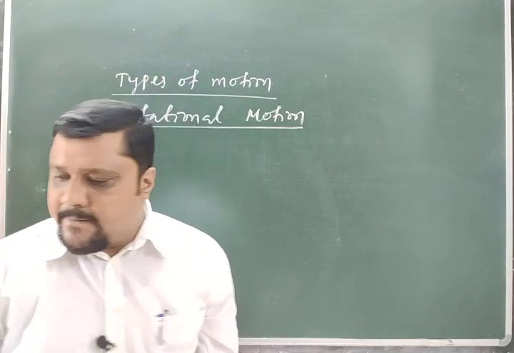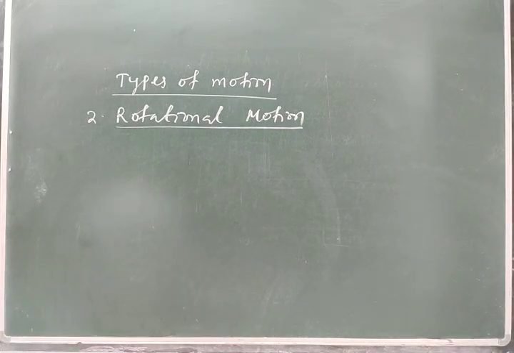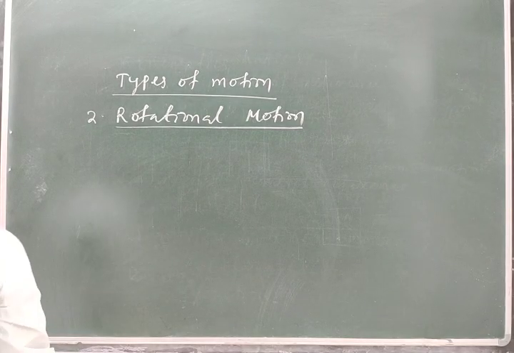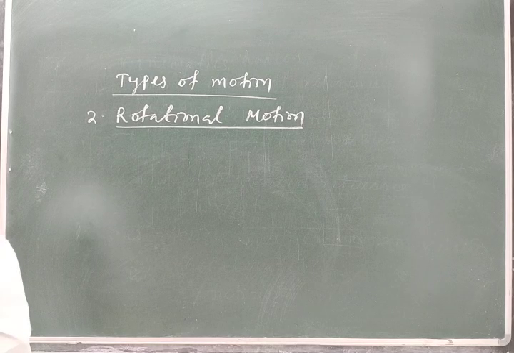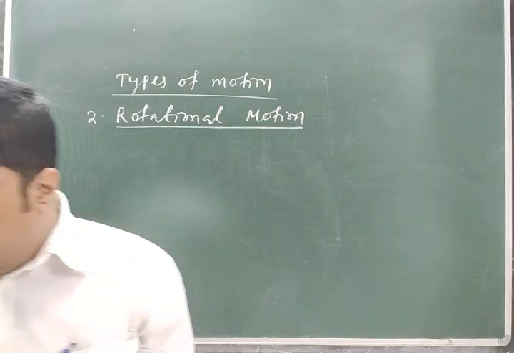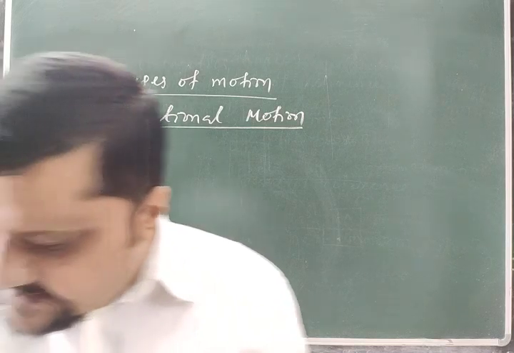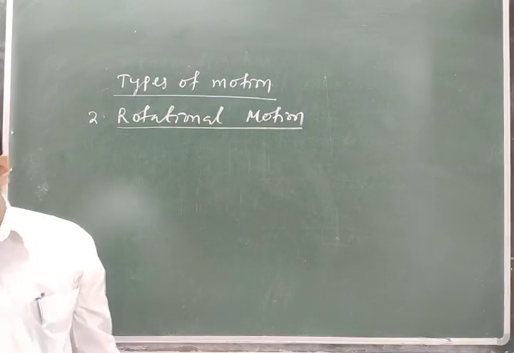Let me repeat again. A body is said to be in rotational motion if it moves around a fixed line called the axis of rotation, such that all the particles constituting the body move simultaneously along concentric circles having their centers at the axis of rotation.